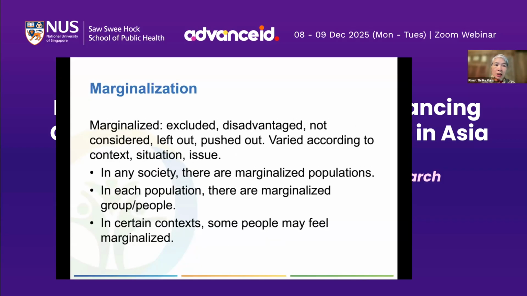So now let's talk a little bit about marginalization. I guess many of us have experienced marginalization. If you come to a meeting and people speak a language that you don't understand, and there's no translation, I guess many of us have been in that situation. They speak a tribal language or a foreign language.